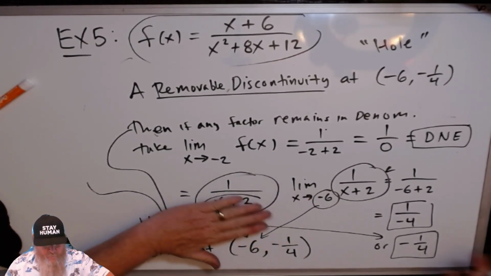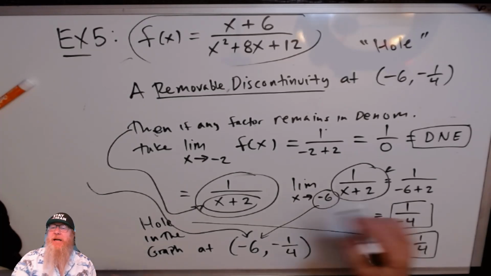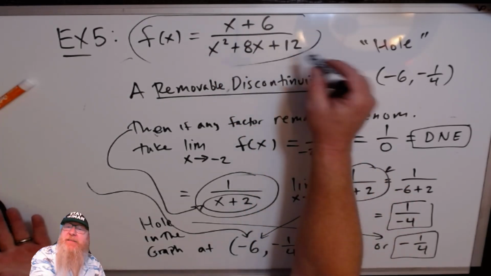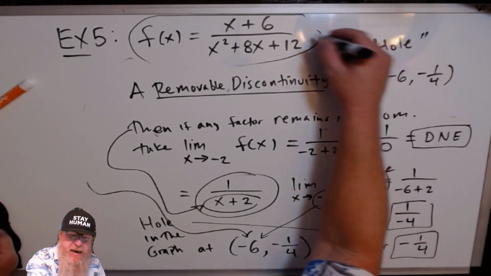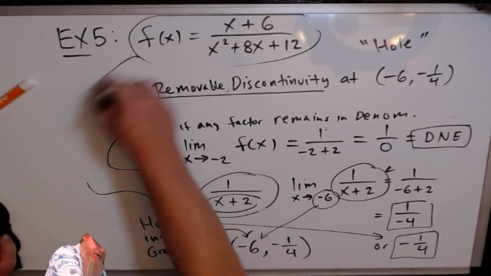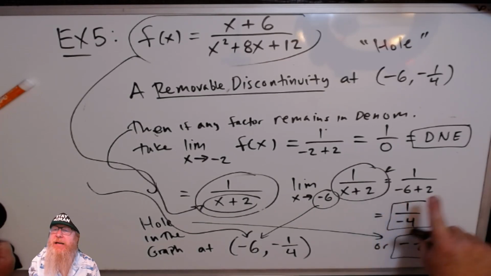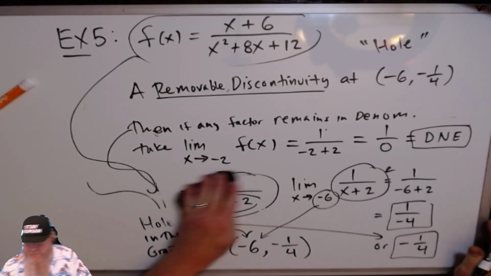Now, if this factor wasn't here, then I wouldn't do this part. Right? But when I simplified it, I simplified the x plus 6, and I have this x plus 2 remaining. This is like my simplified version of the function. Right. Now I can take another limit, and that's going to give me an asymptote.